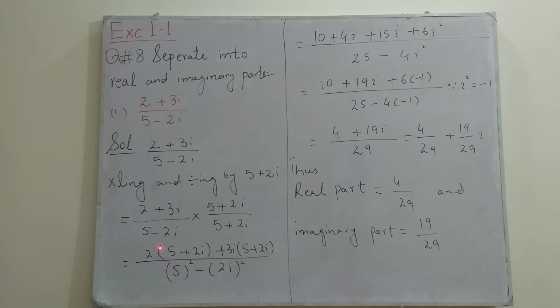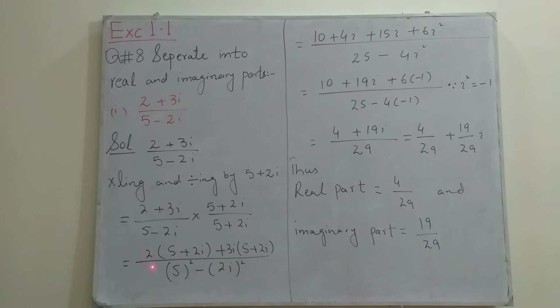And for the denominator we have (a − b) into (a + b), which is equal to a² − b². Here a is 5 and b is 2i.